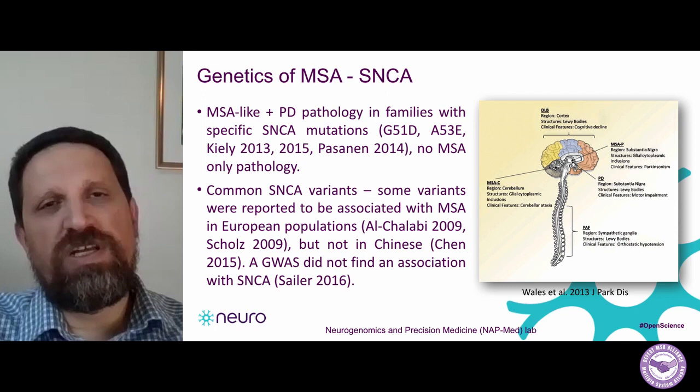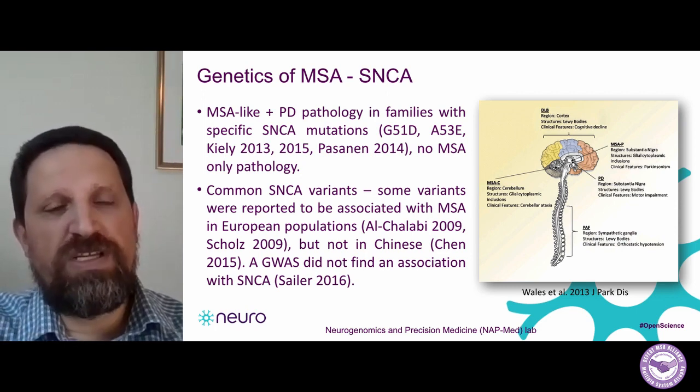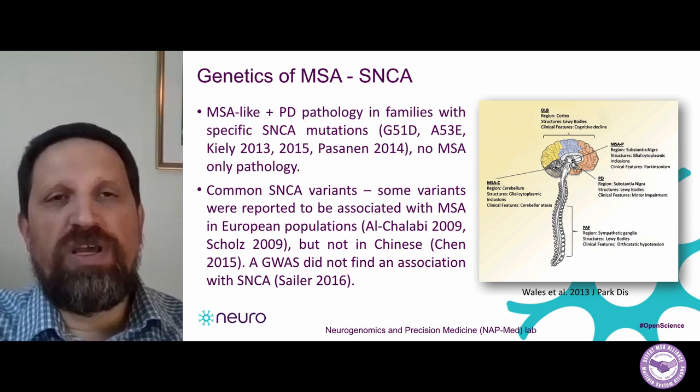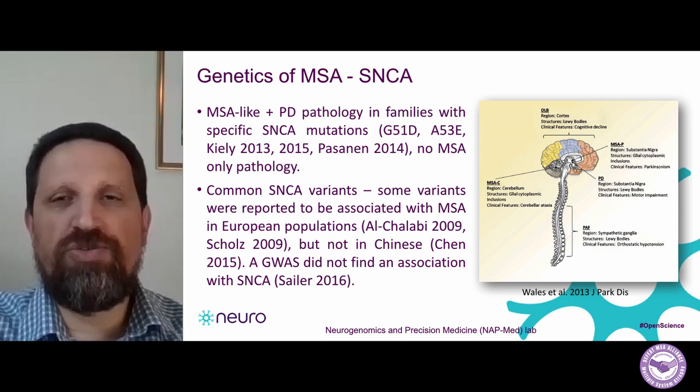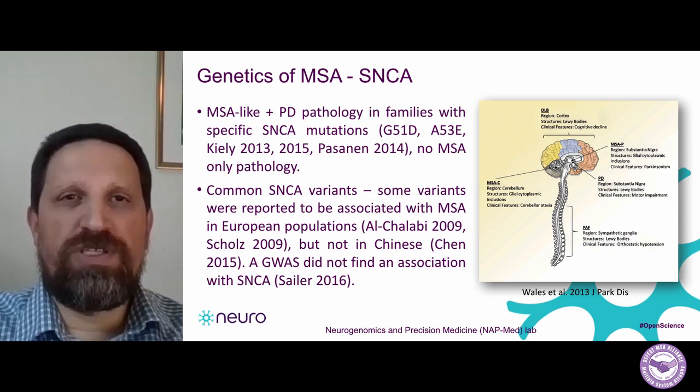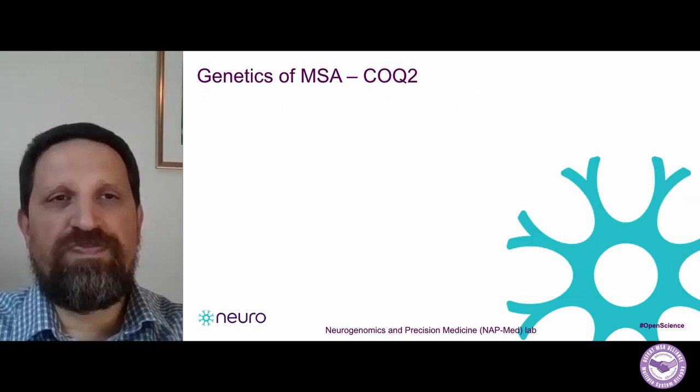So here too, just like GBA, and to a certain degree less than GBA, we have some evidence that potentially link synuclein genetic variants with MSA. But here too, there are contradicting results from different studies, so we don't know for a fact.